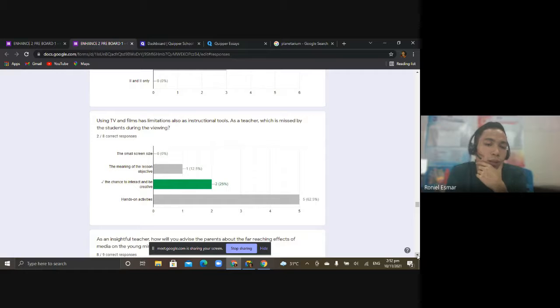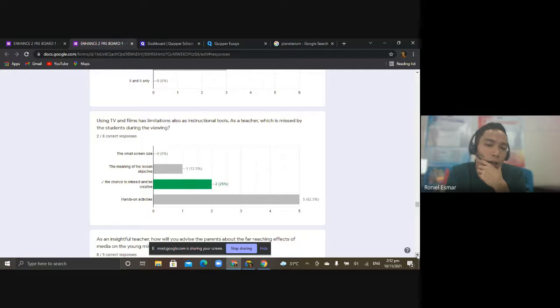They just have to follow the steps or procedures presented by the film or the TV. So their hands-on activities are still involved because they follow the procedures presented in the film. So option number 4 is not the correct answer.